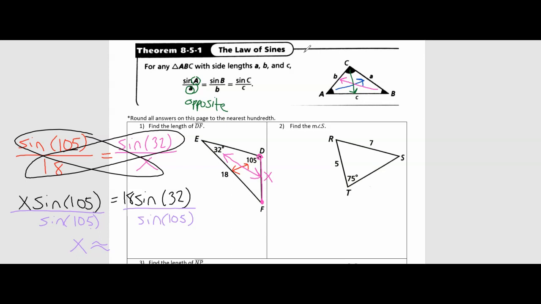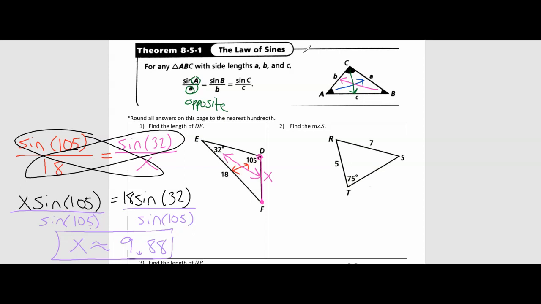And that means x is approximately equal to 9.88, as we are rounding to the nearest hundredth per the directions. So quite easy, right? Didn't have to draw any altitudes, just were able to set up one equation with two ratios to easily find the length of our missing side.